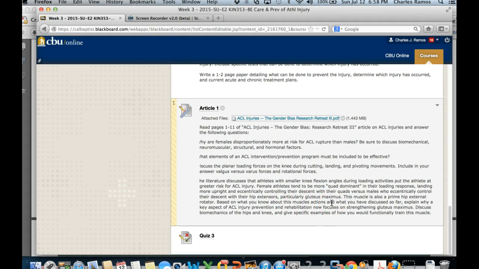It starts talking about the glute muscle, and it says, based on what you know about this muscle's action and what you have discussed so far, explain a key aspect of ACL injury prevention and rehabilitation, and how it focuses on strengthening gluteus maximus. Discuss biomechanics of the hips and knee, and give specific examples of how you would functionally train this muscle.